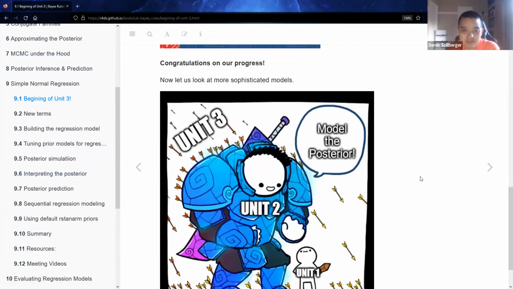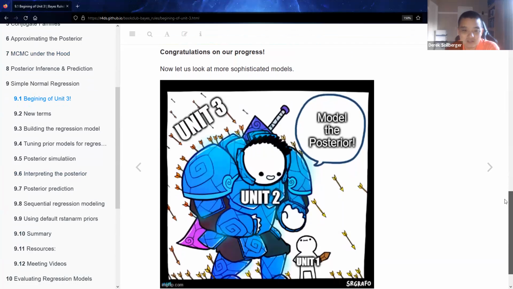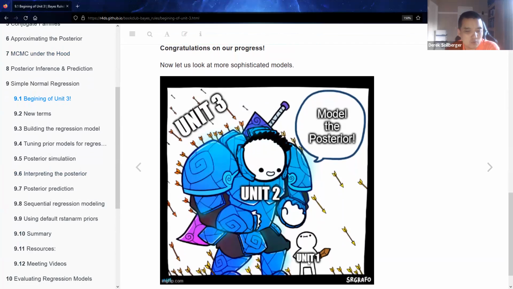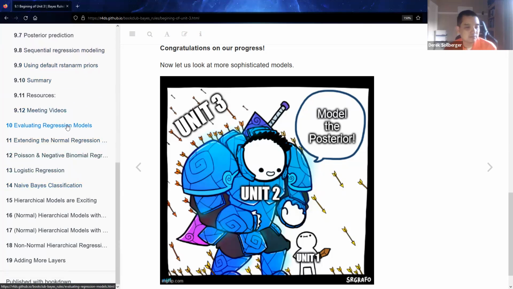And this is how I view things right now: Unit 1, Unit 2, Unit 3, and there's just so much to see ahead of us. As you can see with the chapters coming up, we're looking at more sophisticated models, but in the Bayesian viewpoint.